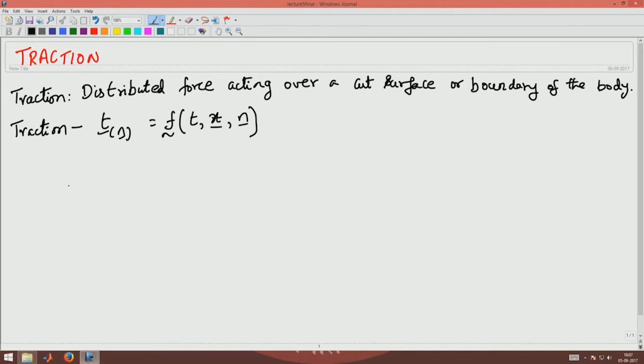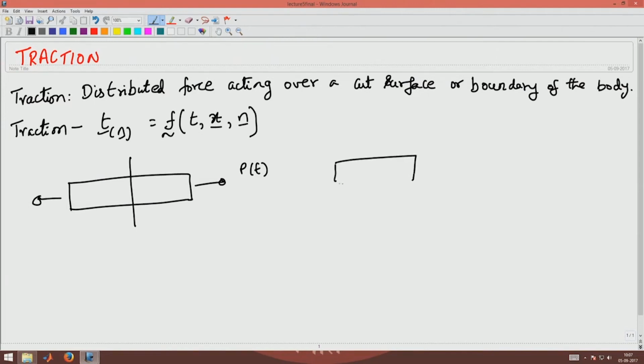If I take a bar with the force P applied, which is a function of time, you understand that the traction, which is the force acting over a cut surface like this, will also vary with time.